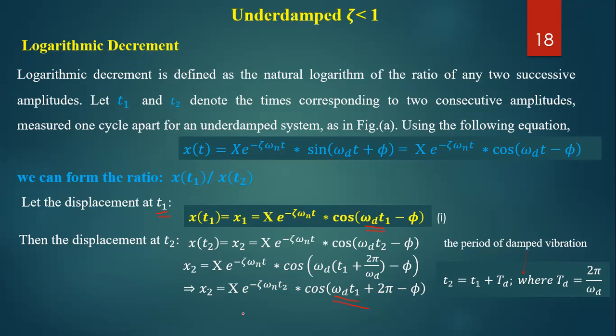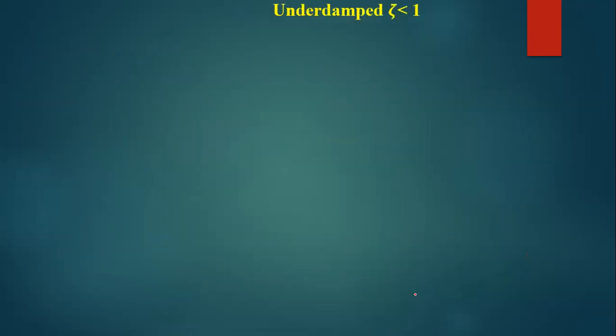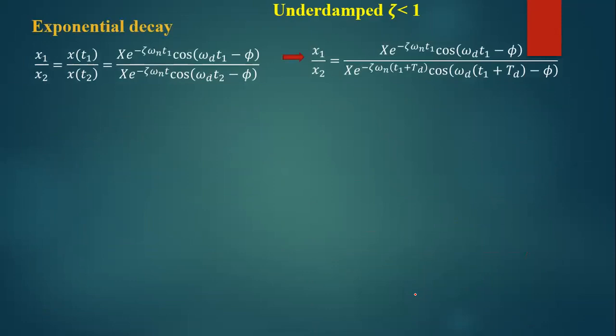That is the second amplitude. So this is the second one. 1 and 2 are two successive amplitude equations. Now x1 over x2 gives us this over this.